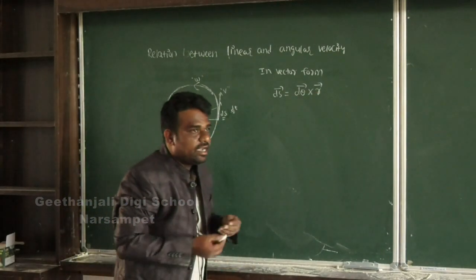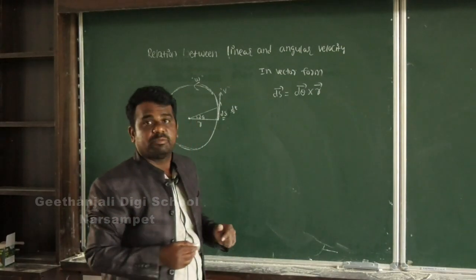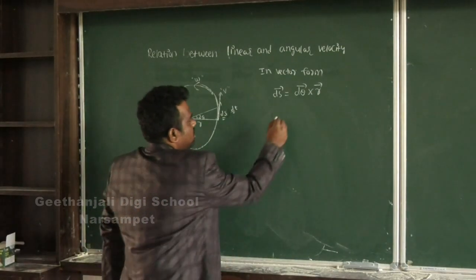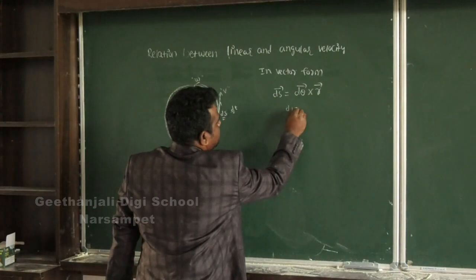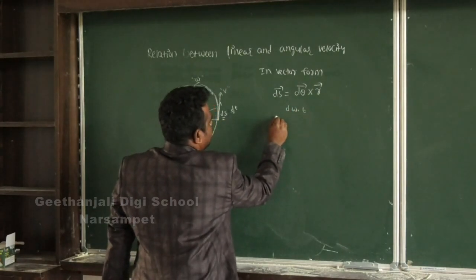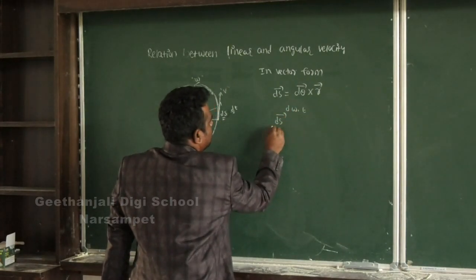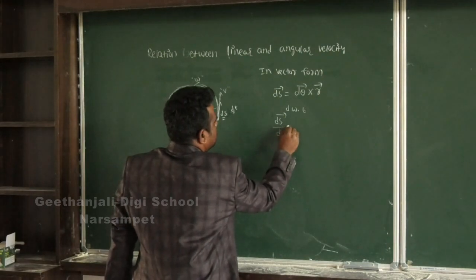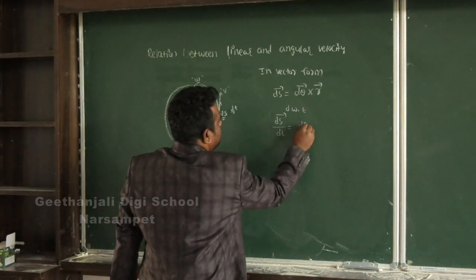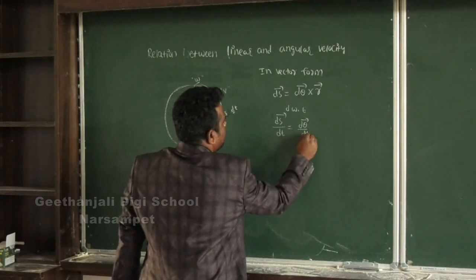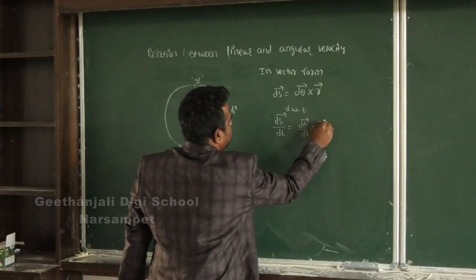So let us again differentiate this equation with respect to time. So differentiating with respect to time, what will you get? ds vector by dt is equal to d theta vector by dt cross r vector.